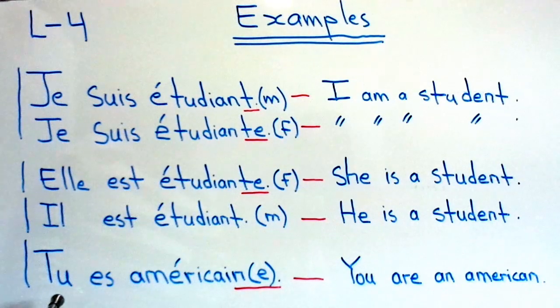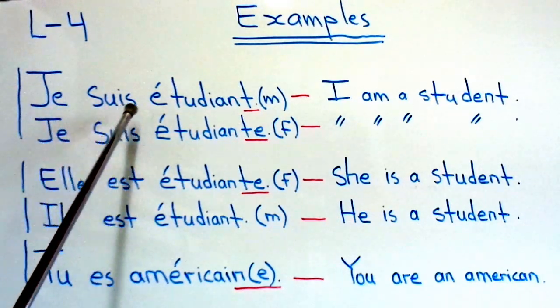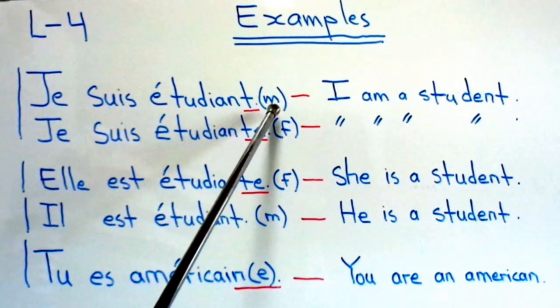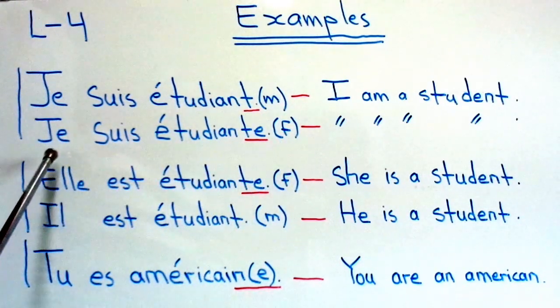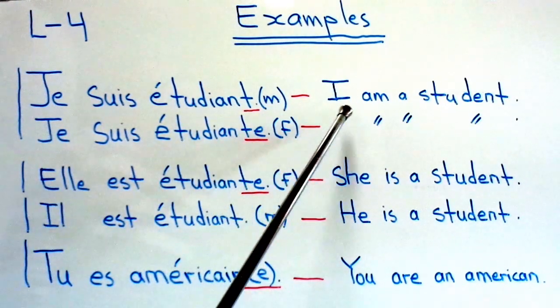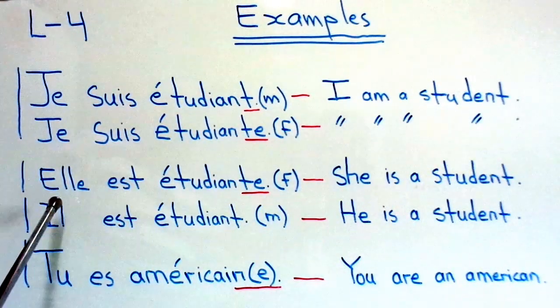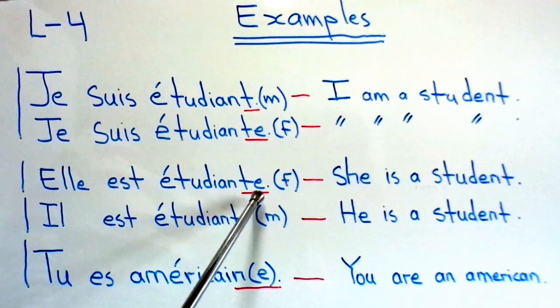Tu es américain if it is a male. Tu es américaine, you are an American, when this tu is a female. I repeat, je suis étudiant for male, je suis étudiante for female. I am a student. Elle est étudiante.